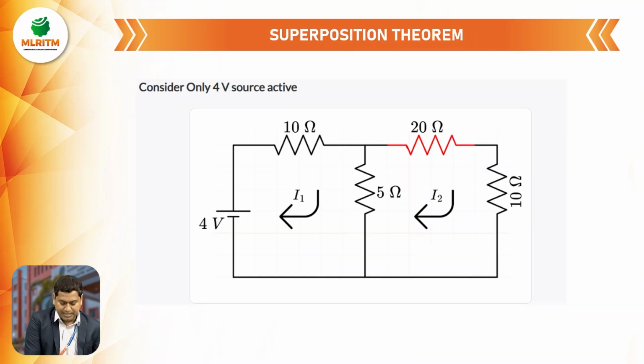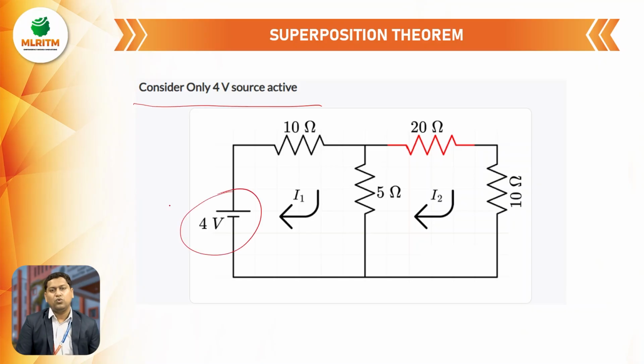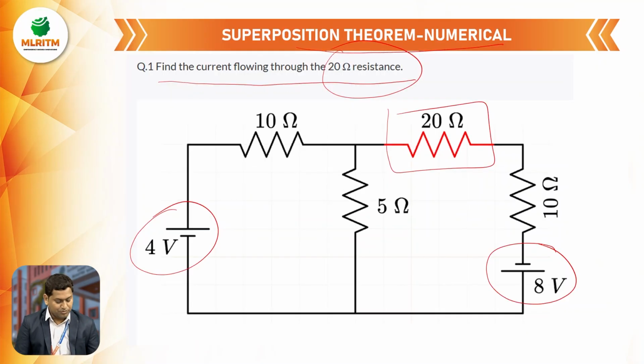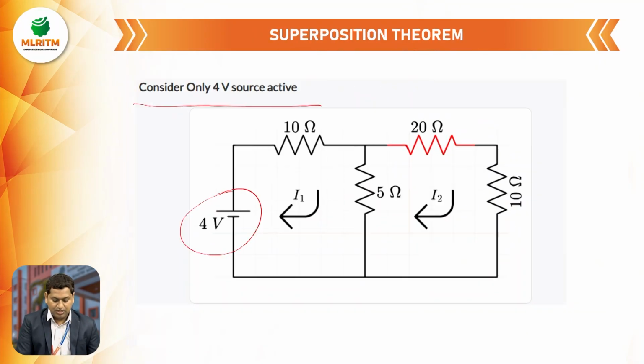First I consider one source, that is, I am considering only the 4 volts. Then what about the other 8 volts? As we have already discussed, if one is acting, the other will be deactivated, and the deactivated source is short circuited.